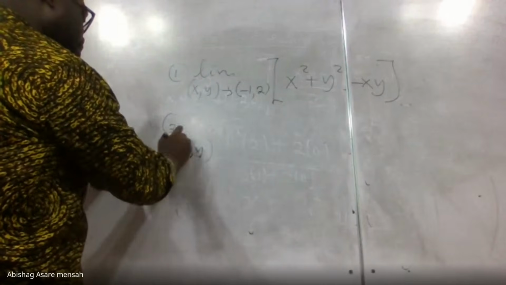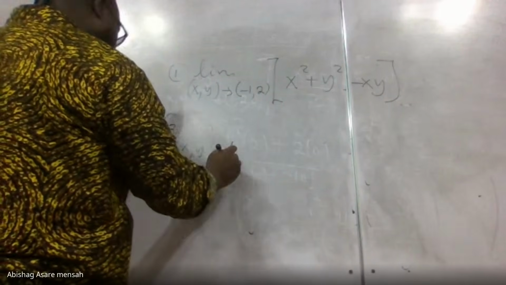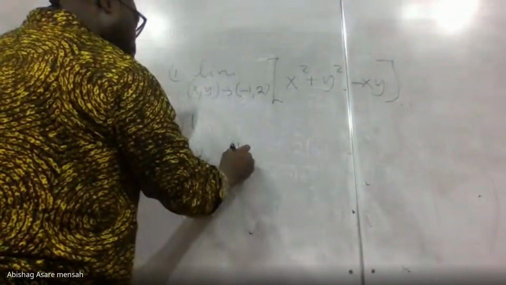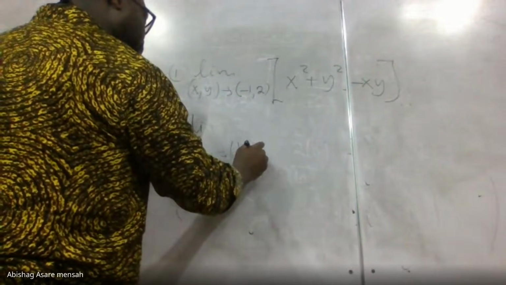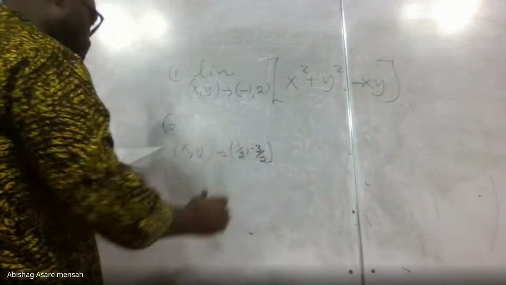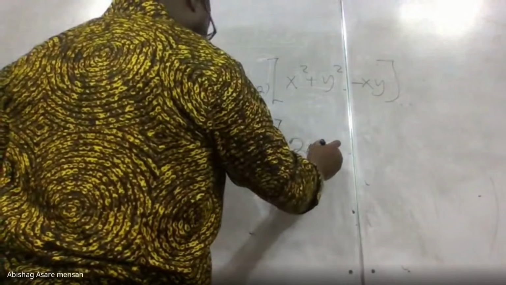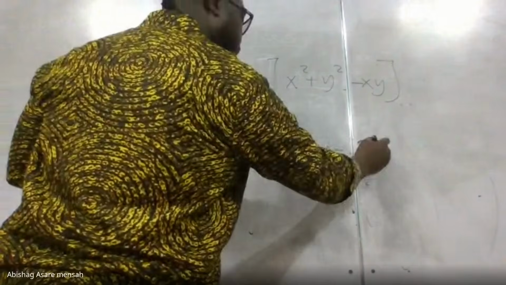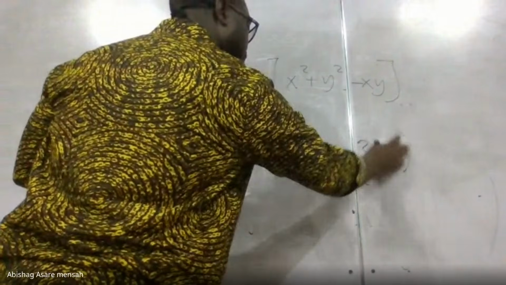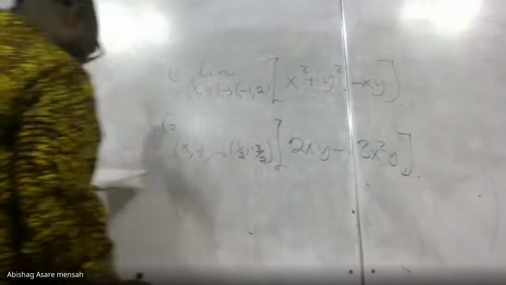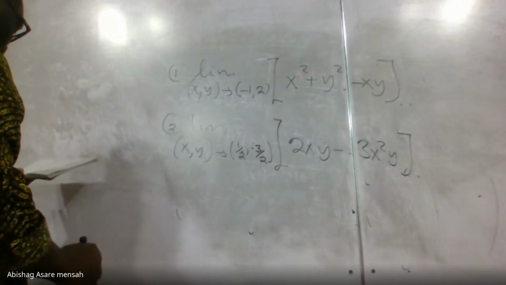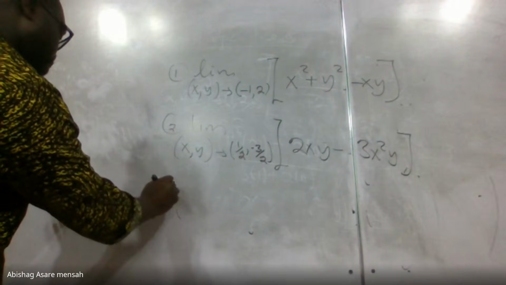So if we make the limit as xy, which is 1 on 2 minus 3 on 2. 2xy minus 3x squared y.